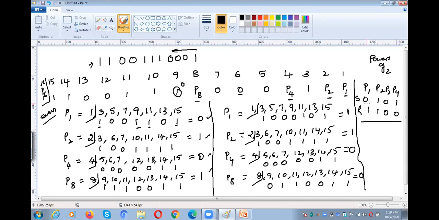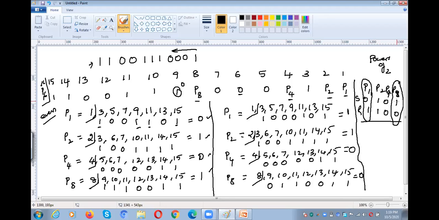In which position there is a change? In the P1 position, there is a change. And at P8 also there is a change. P1, P2, P4, P8.